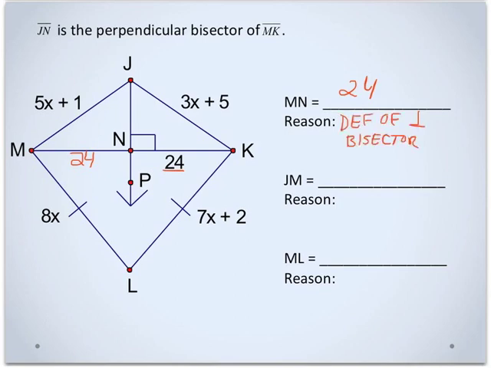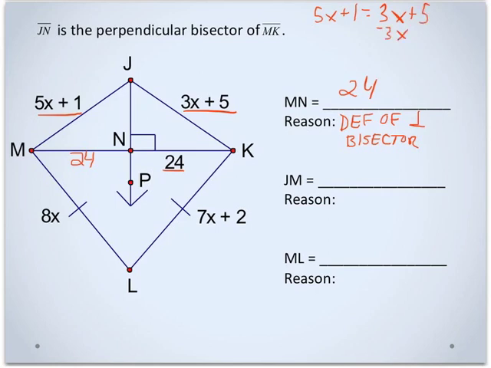As we just learned with the perpendicular bisector theorem, if we have a perpendicular bisector, we know that MJ and JK, those two other sides of the triangle, must be equal in length. So these two values must be equal. So we can solve for JM by first solving for x. 5x plus 1 is equal to 3x plus 5.